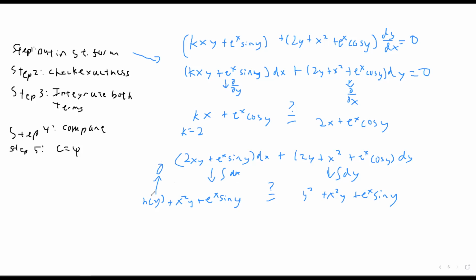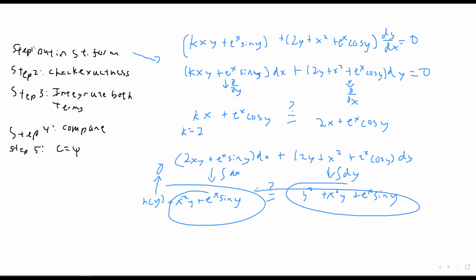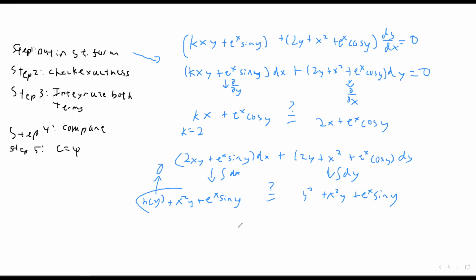We're trying to get a function phi whose derivative with respect to x is this, and whose derivative with respect to y is this, so that function phi has an x and a y in it. We don't know what that is yet, but both of these give us pieces of the puzzle, and we basically combine all the pieces of the puzzle together.